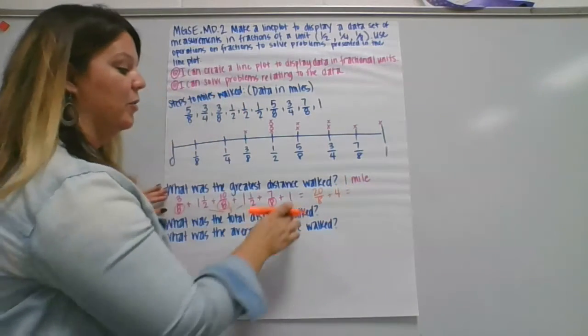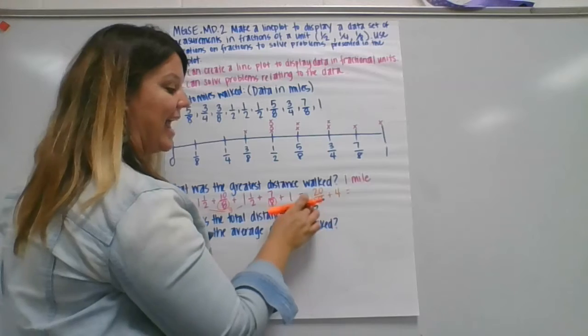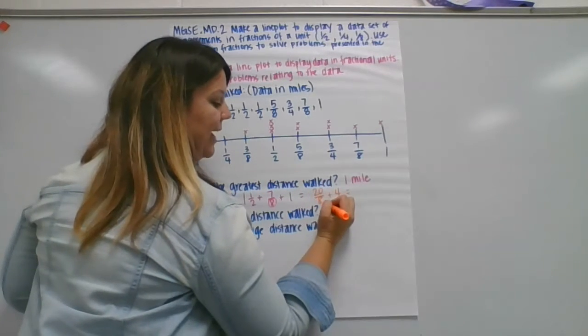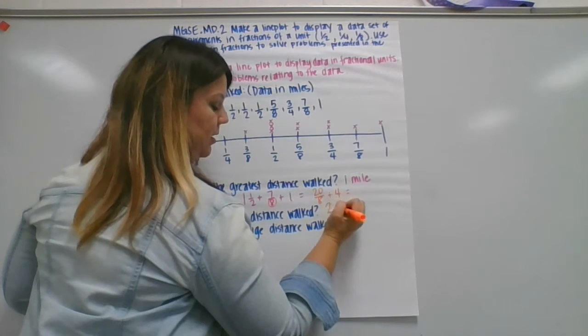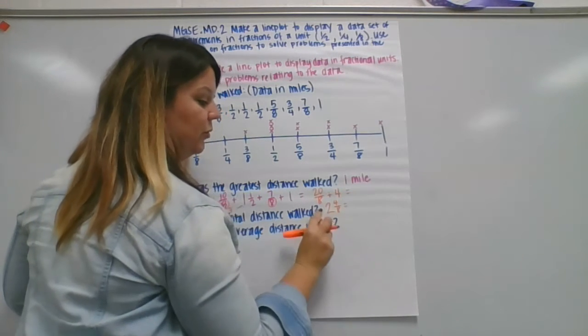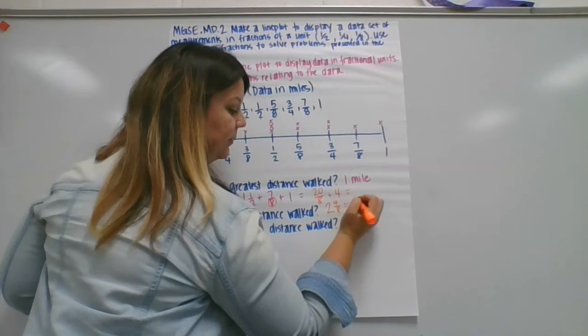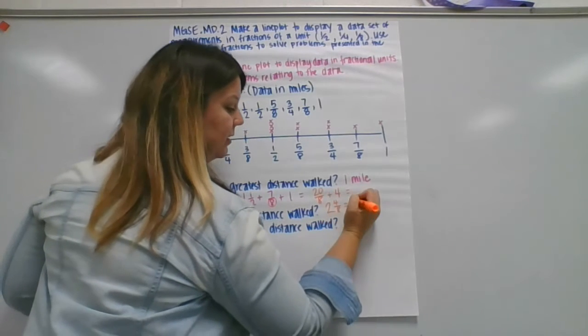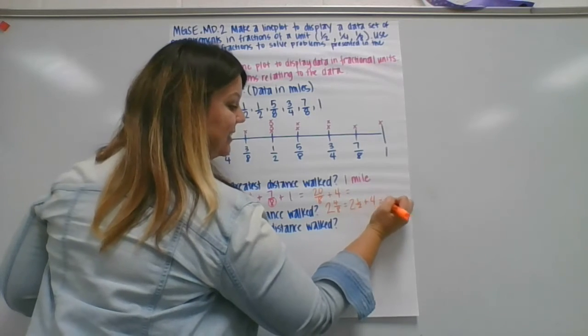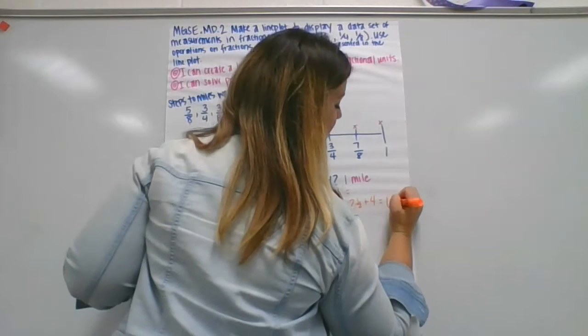Equals. All right. So 28, I need to convert that. 8 goes into 28 3 times with 4/8 left over, which is equal to 3.5. If I combine the 3.5 with that 4, I get 7.5 miles.